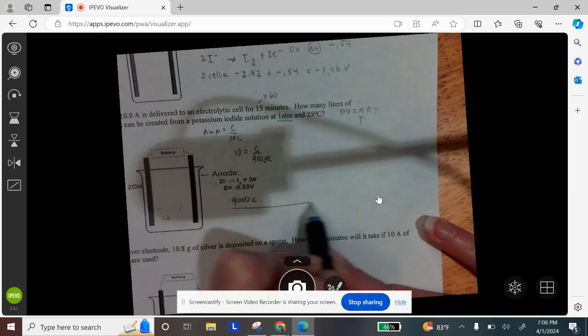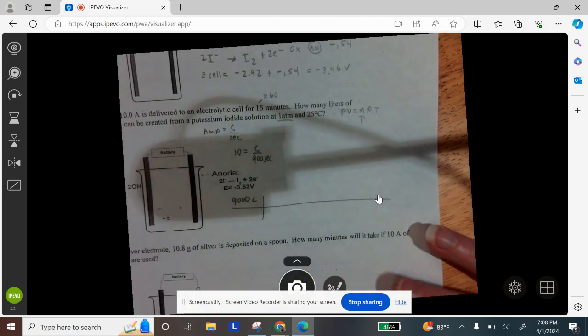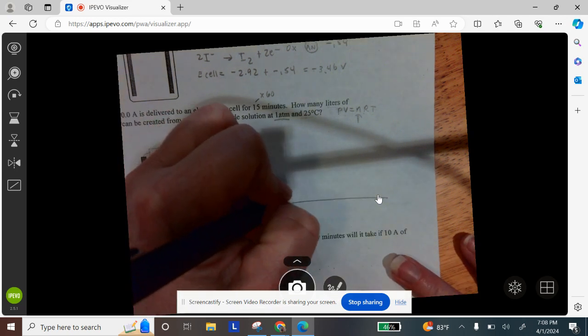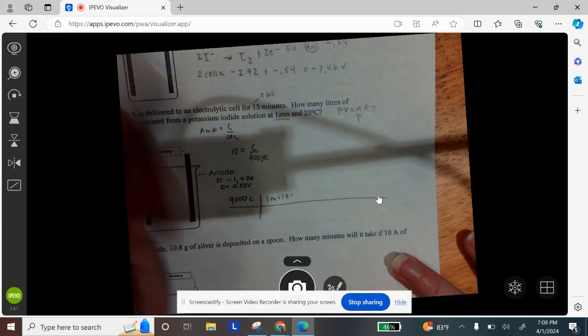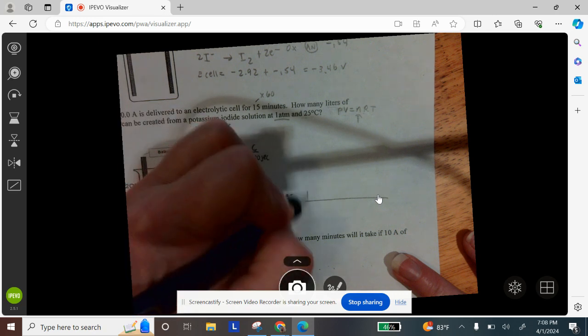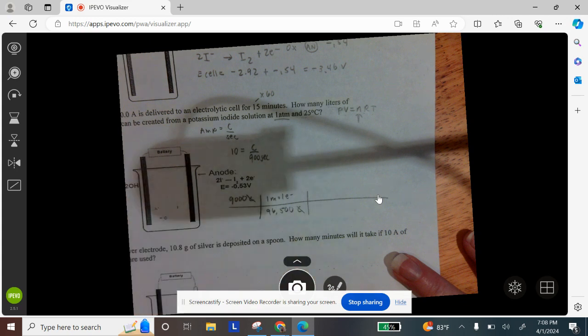So I've got 9,000 coulombs, and it says 1 mole of electrons is equal to, up here, 96,500 coulombs. So now my coulombs are gone and I'm left in moles. Okay, but if I look at my reaction, which we have here, how many electrons do we have in our reaction? So they both say it's 2.